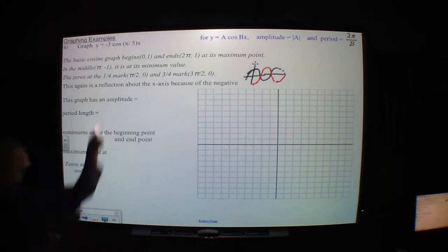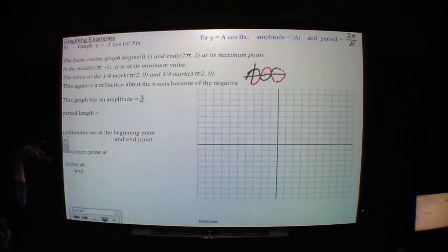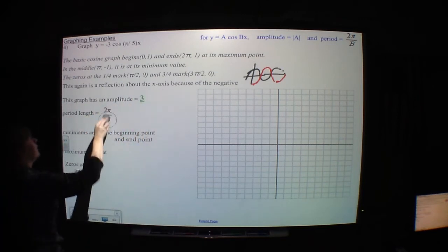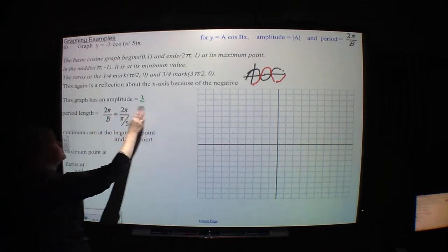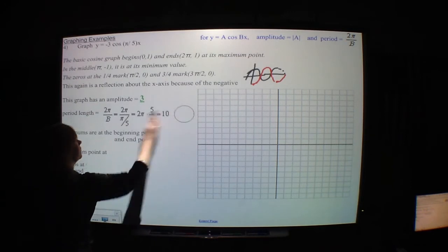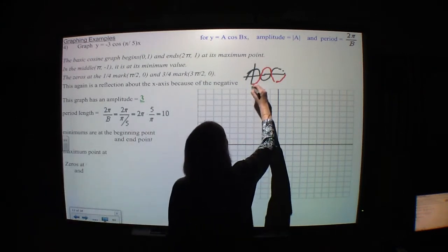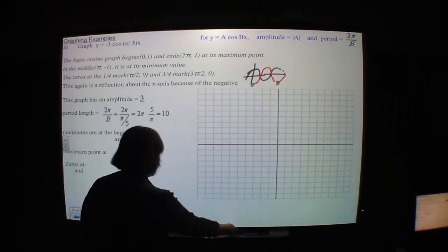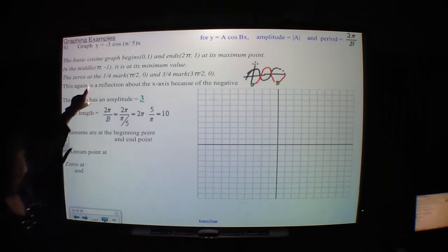So, amplitude is 3. Period is 2π over b, 2π over π/5, which is 2π times 5 over π. So the period is 10. Minimums now are at the beginning and end. So at 0 minimum, amplitude's 3, so I'll go down to -3.